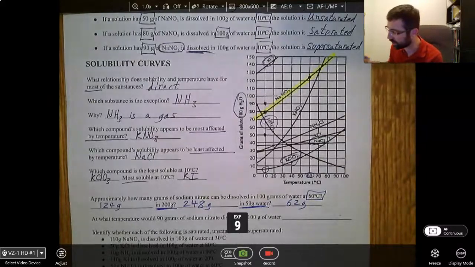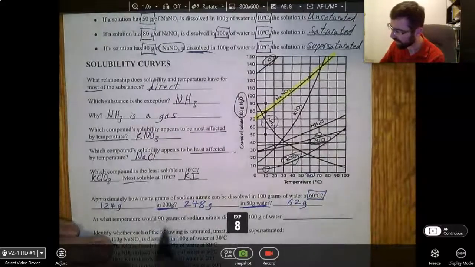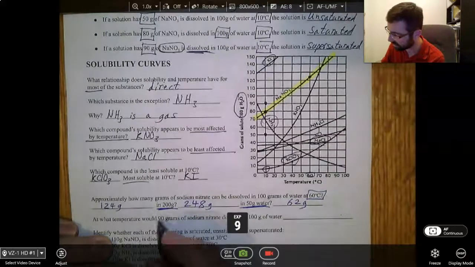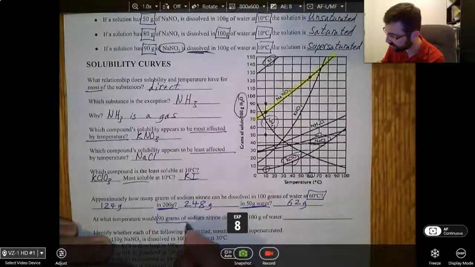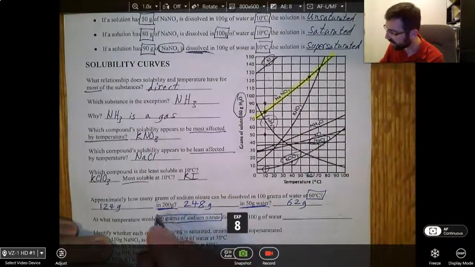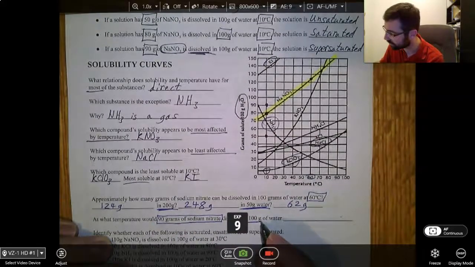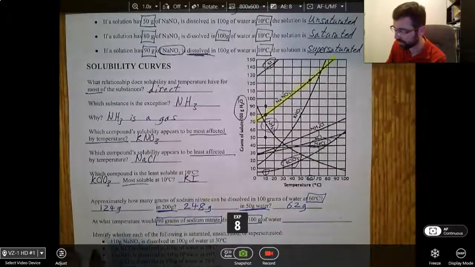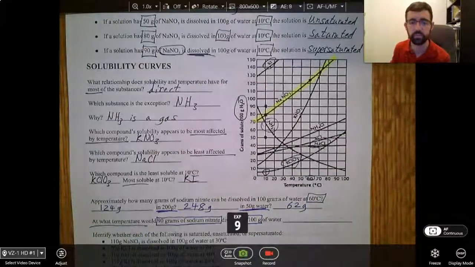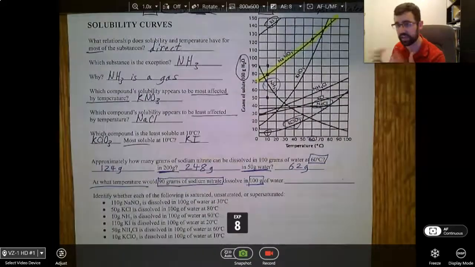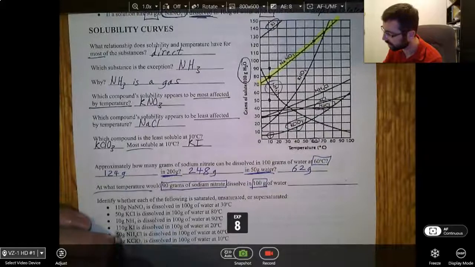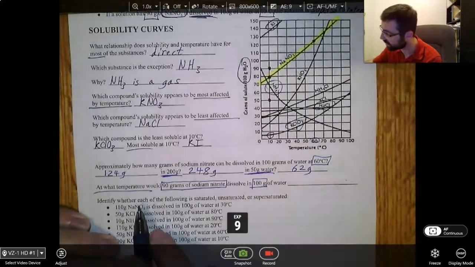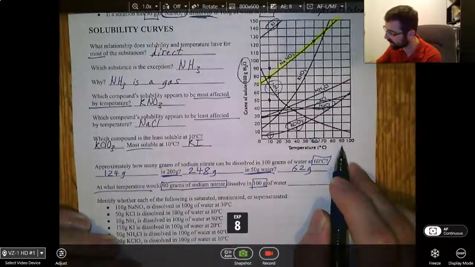All right, at what temperature would 90 grams of sodium nitrate dissolve in 100 grams of water? At what temperature? All right, I'll tell you the most common mistake on this problem is students just get in a habit and they go, okay, I'm looking for 90 grams. And they look down here and they go, 90 grams. Okay, sodium nitrate.